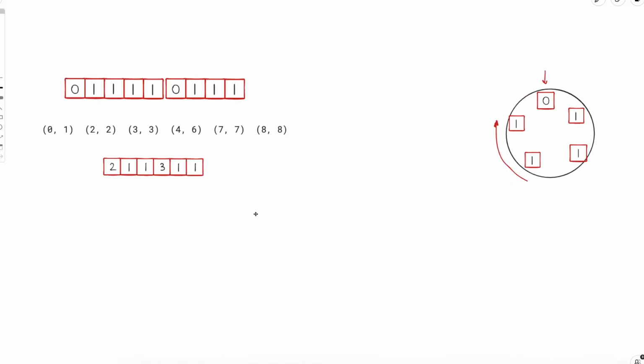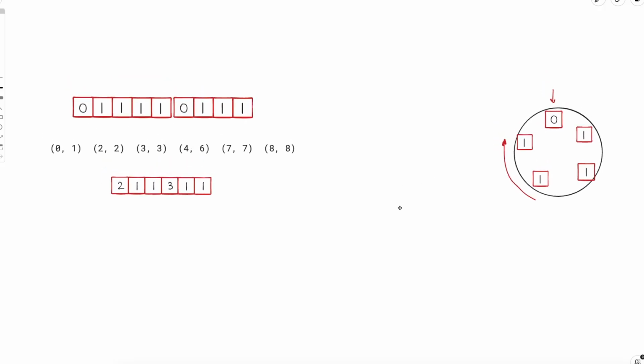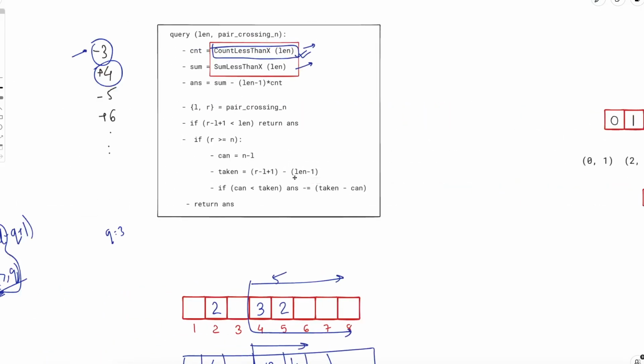So let's assume that this was your original array, and you want to process an update query as well. Again, with this array, I have assumed that you have already built it like this.